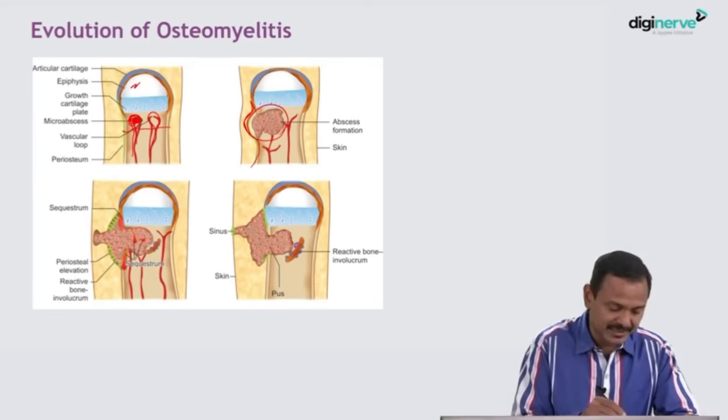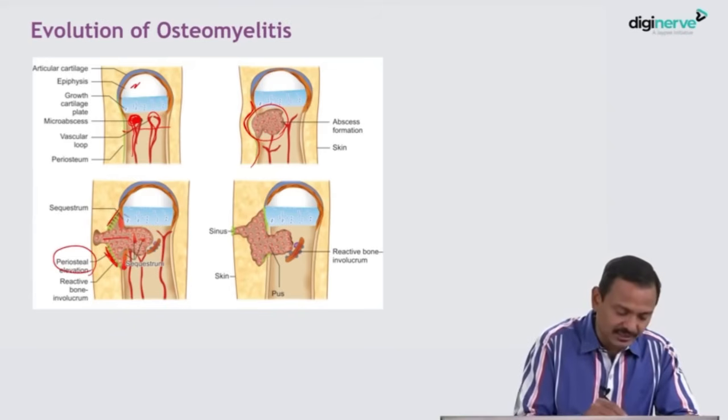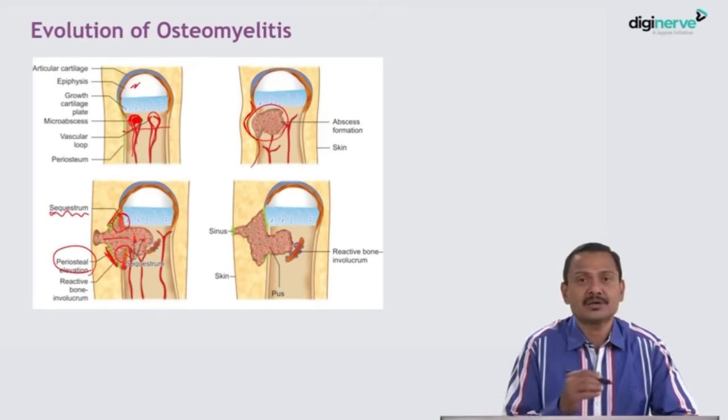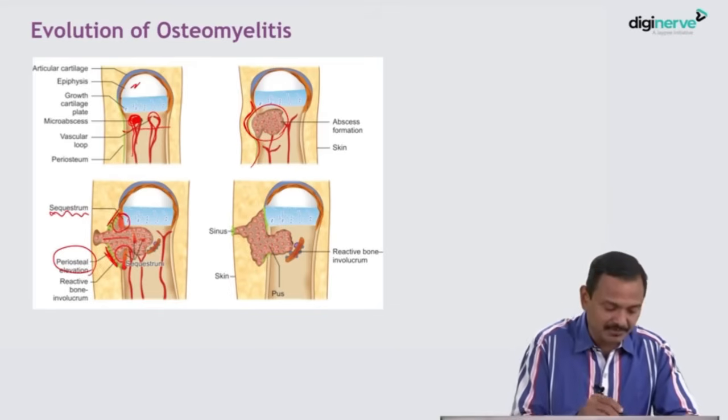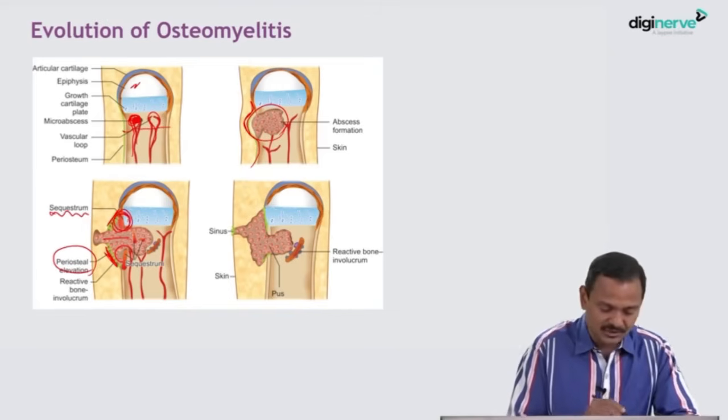Later, what will happen? This abscess will rupture and there is elevation of periosteum. Here, periosteal elevation. Once periosteum is elevated, you will have dead bone, that is sequestrum, because periosteal elevation will impair blood supply, and so that will lead to necrosis of bone.